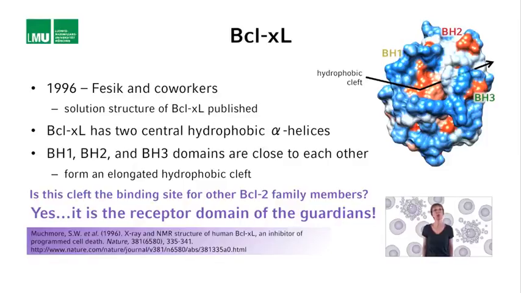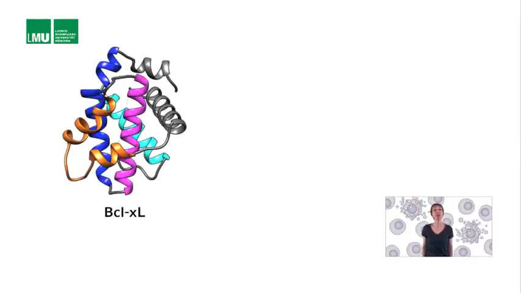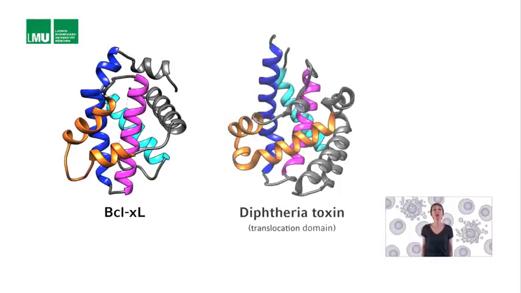What came as a complete surprise was that the arrangement of the helices in BCL-XL, the fold of BCL-XL, was reminiscent of the fold of the membrane translocation domain of bacterial toxins, and in particular that of diphtheria toxin and the colicins.